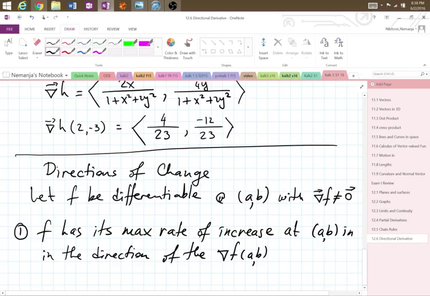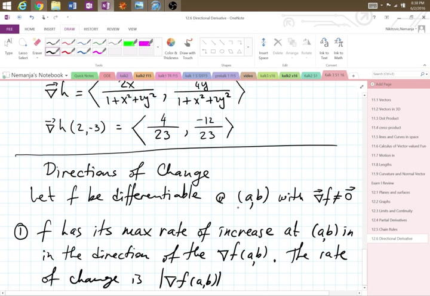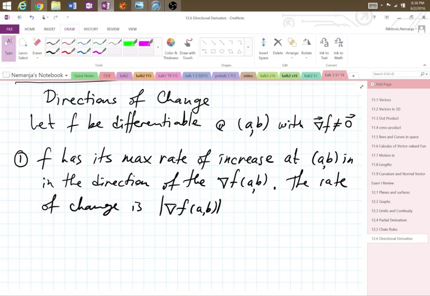And the rate is the magnitude of the vector. The rate of change is just the magnitude of it. So you compute the magnitude of the vector because gradient is a vector.